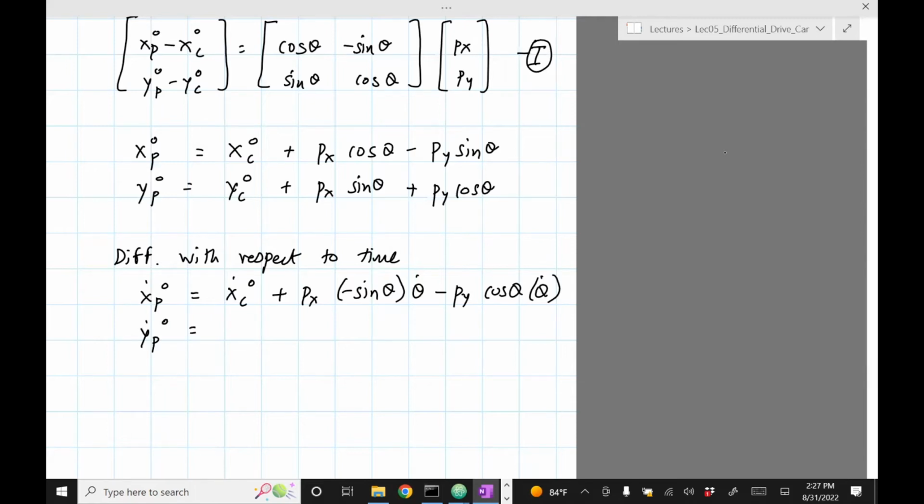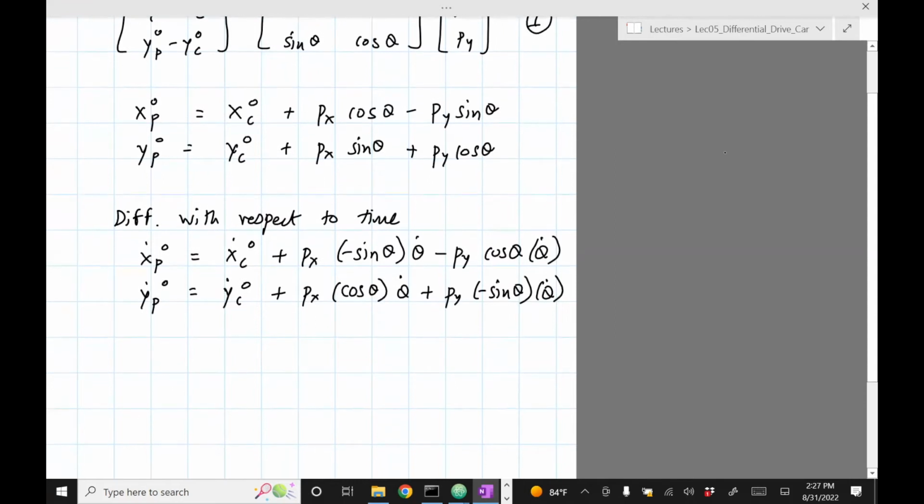y dot P0 is y dot C0 plus Px, sorry, this should be cosine theta, theta dot, minus Py sine theta, theta dot. We already figured out what x dot C and y dot C are.